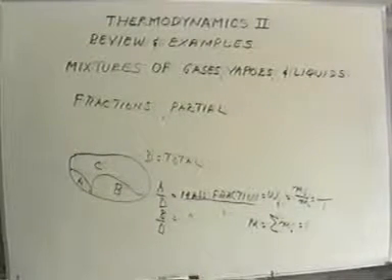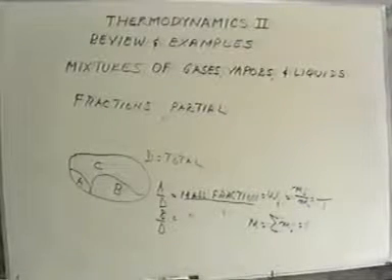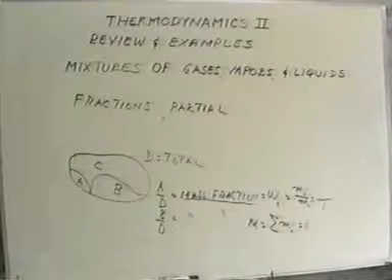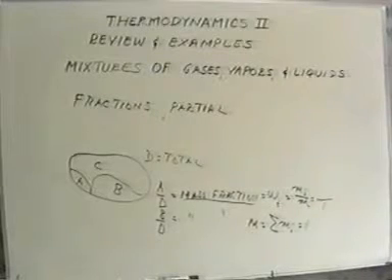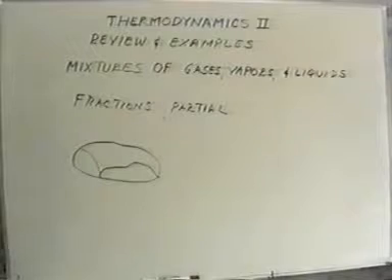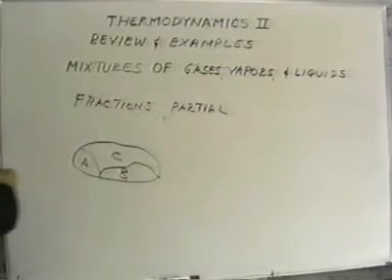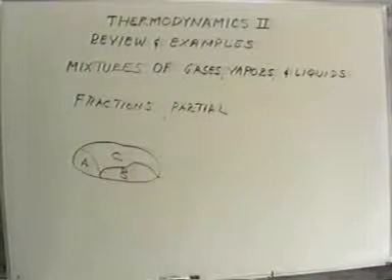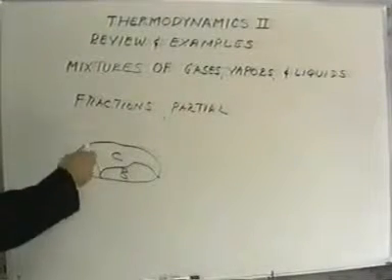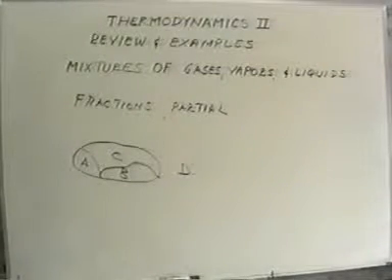Now the same discussion will hold when we talk about moles. Now when dealing with moles, we will indicate that we have, again, as an example, 3 different components, and let's say A, B, and C add together to give us a total of D units, and that would be the total number of moles of all substances in the mixture.